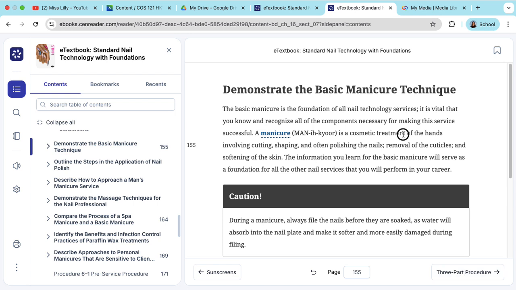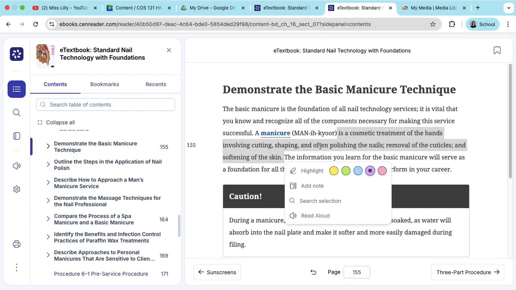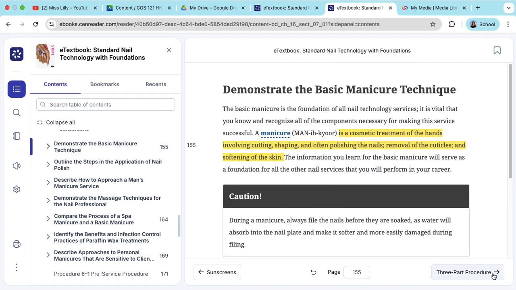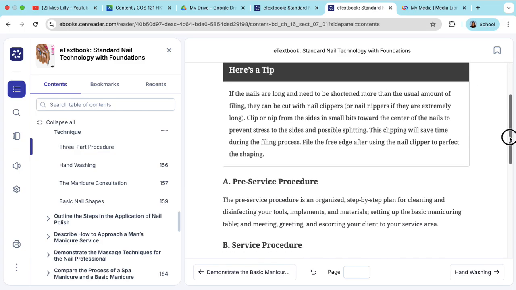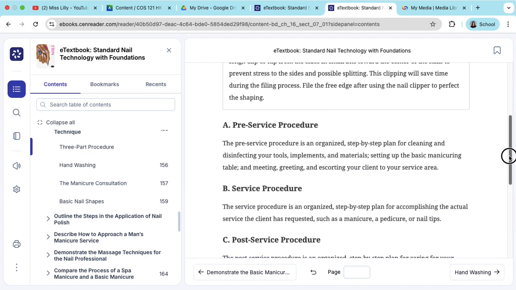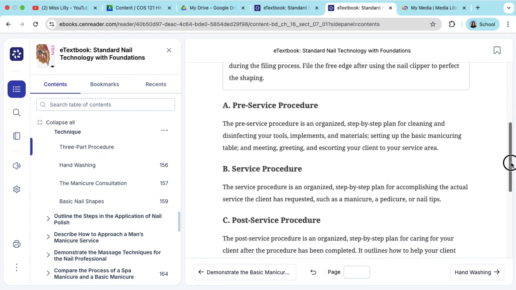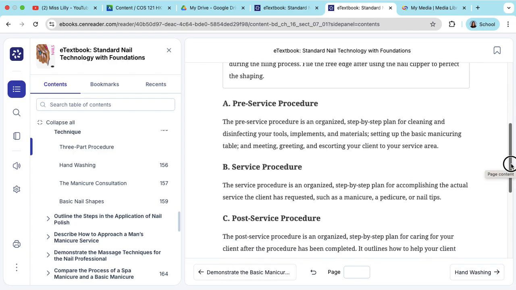Manicure. Manicure is a cosmetic treatment of the hands involving cutting, shaping, and often polishing the nails, removal of the cuticles, and softening of the skin. There are 3 parts to the manicure: pre-service, service, and post-service.